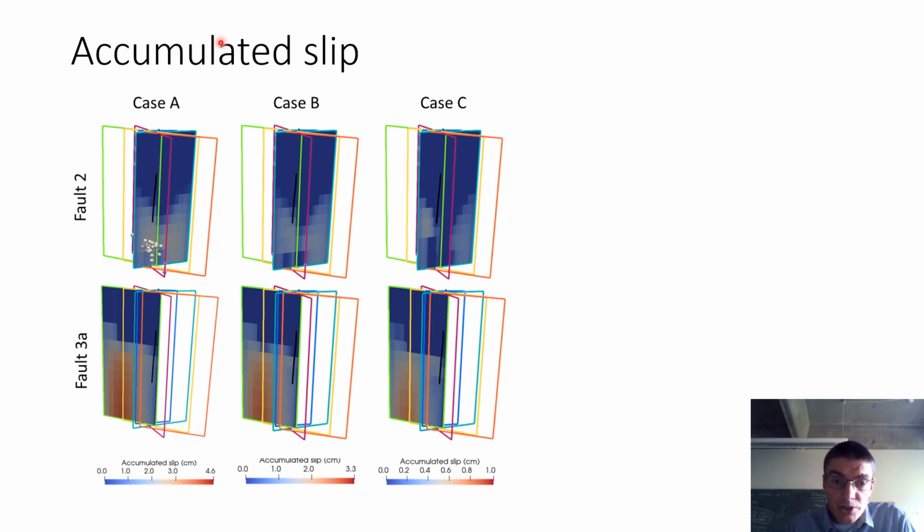Nevertheless, we have the 3 cases here. We have open, neutral, and sealing fault number 8. What is important to note here is the difference in color scales. Red in the open case means much more slip compared to the closed case.